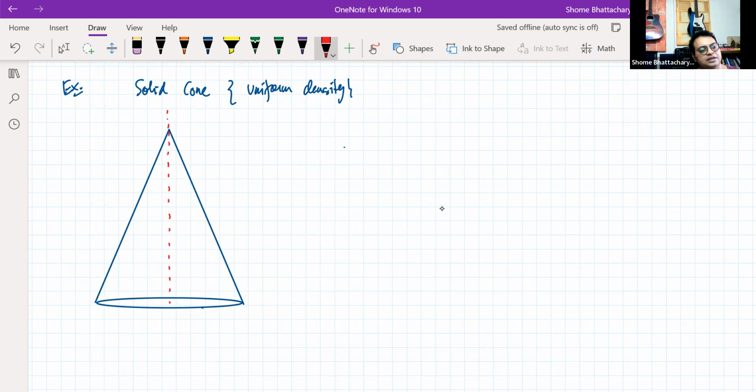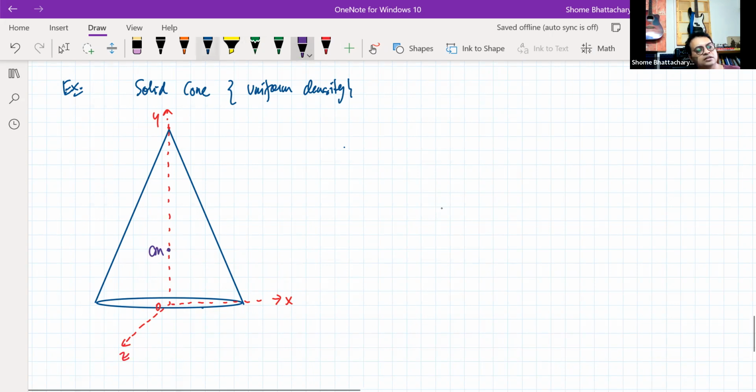Again, I'm taking the y-axis as the symmetry axis, which is passing through the apex and the center of the base. So the base is, let's say, the disc or circle that lies in the xz plane. So the origin is exactly the center of the base. It's the centroid of that circle. So it's the z-axis. Once again, we can see that the center of mass will have to be somewhere over here.